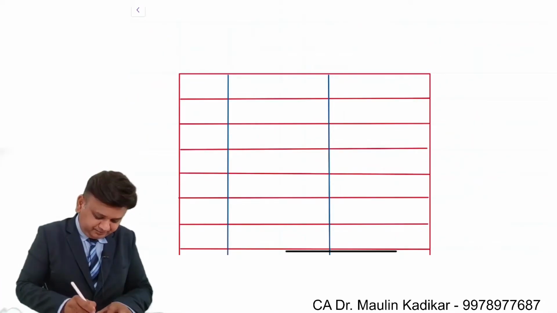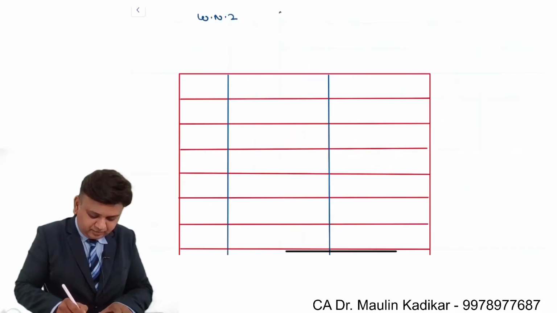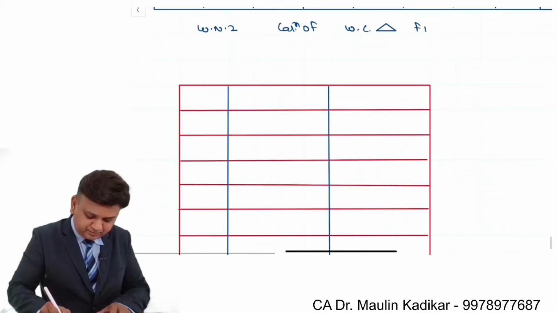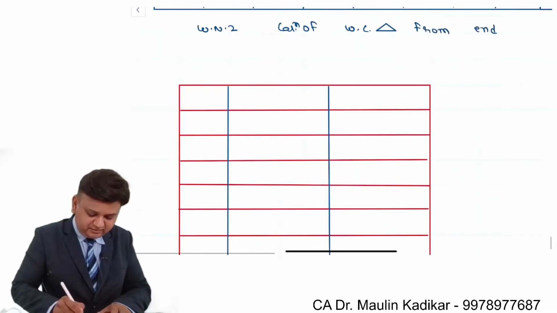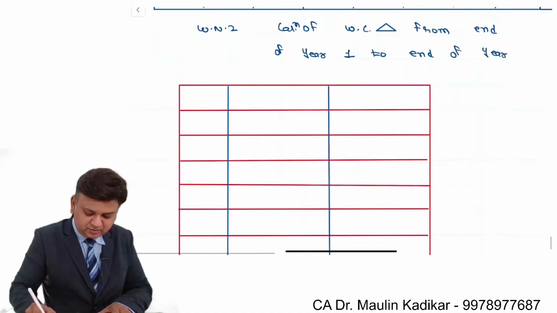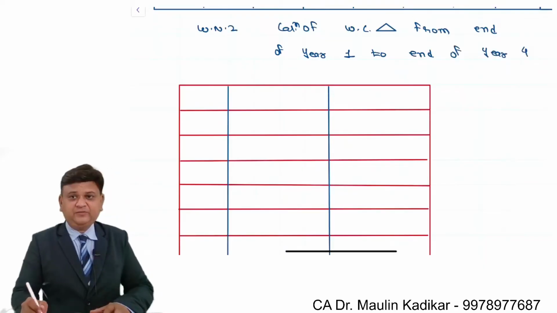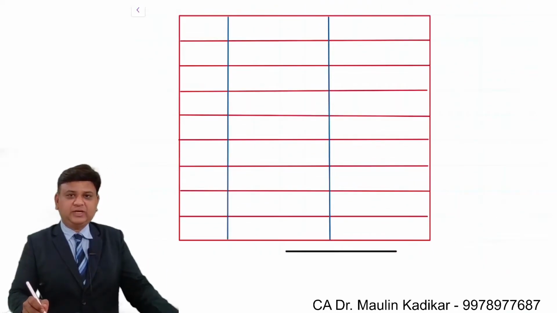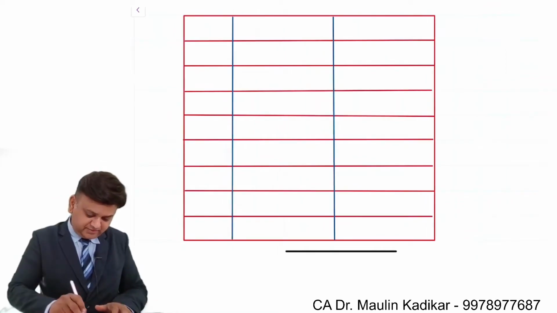Working note number 2, calculation of working capital change from end of year 1 to end of year 4. Why 4th year? Because we understand that from 4th year onwards, whatever the perpetual cash flow is required to be discounted to the 3rd year end.